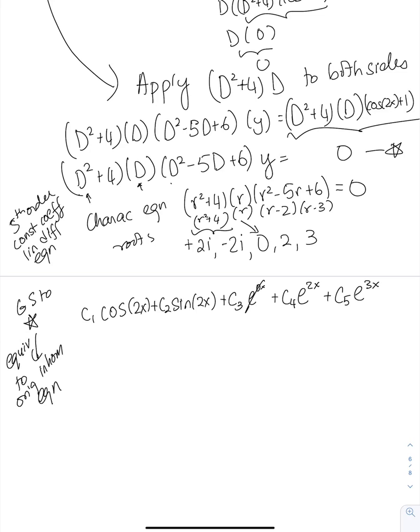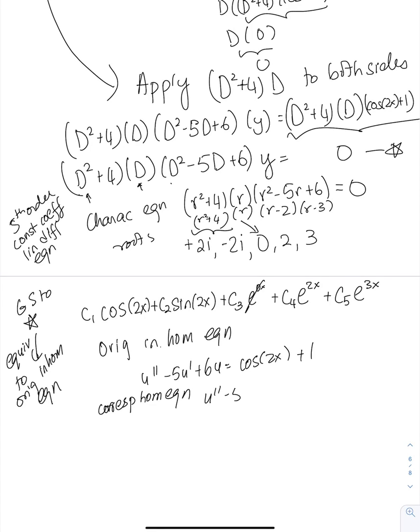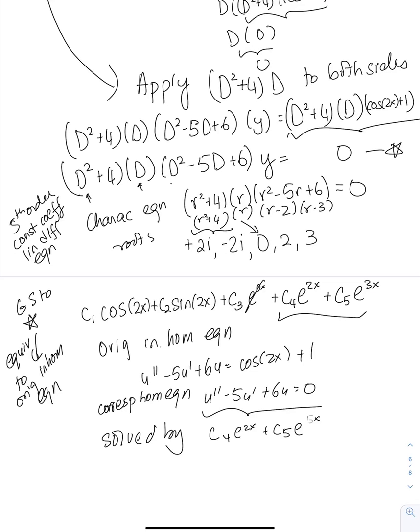Looking at that, the original inhomogeneous equation, the corresponding homogeneous equation is u double prime minus 5u prime plus 6u equals 0. What is the solution to that? This is solved by C4 e to the 2x plus C5 e to the 3x.